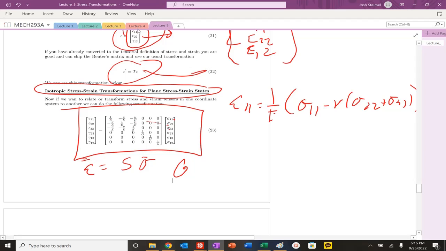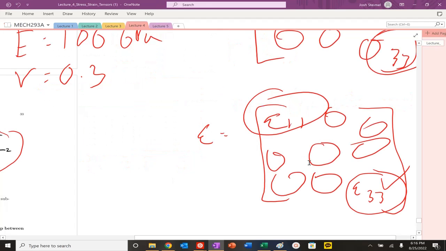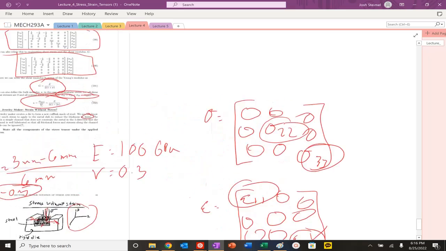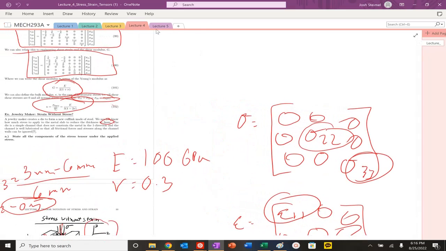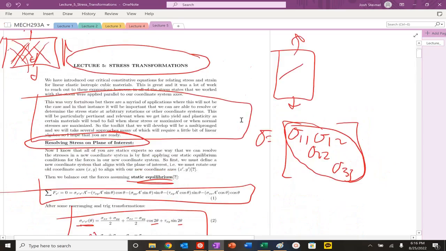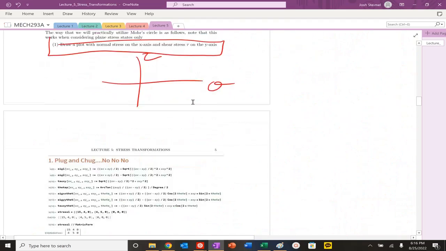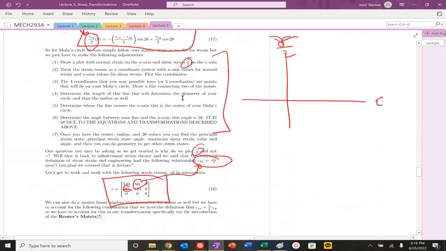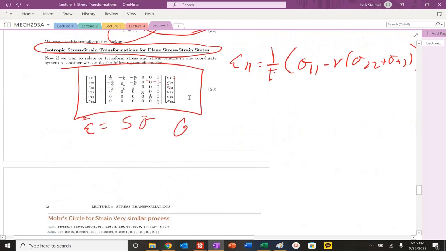We saw in lecture 4 we had a definition for G is equal to E over 2 times 1 plus nu. Excuse me for this, but it's important.